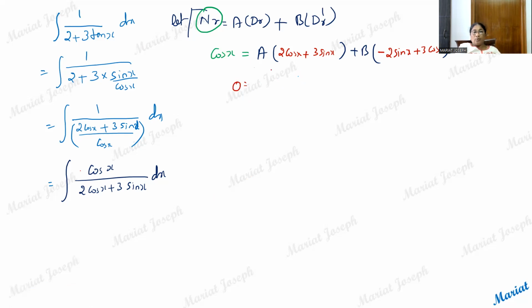How many sin x on the right side? 3a minus 2b. And what about the cos x? On the left side, how many cos x? 1. And on the right side, cos x is 2a plus 3b.